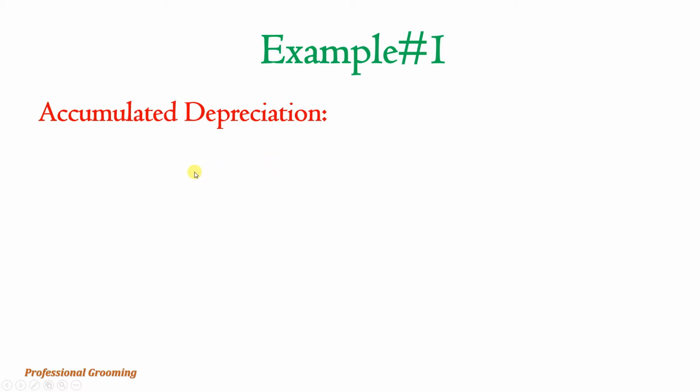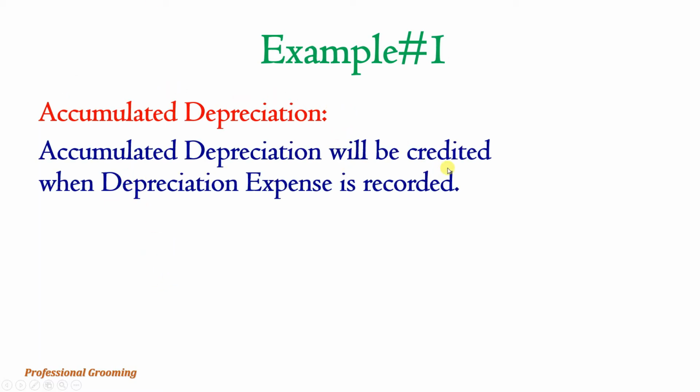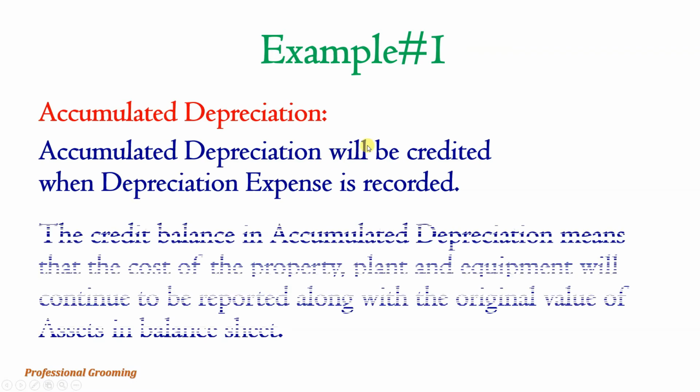Accumulated depreciation is a contra account of all assets. Accumulated depreciation will be credited when depreciation expense is recorded. When we make the depreciation expense, the accumulated depreciation account is credited for the full depreciation amount against our assets.